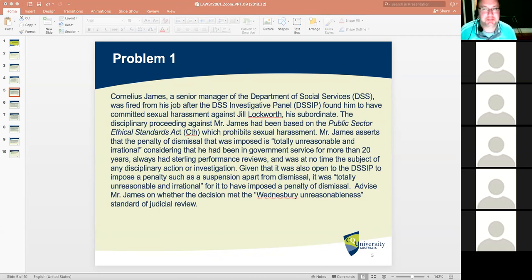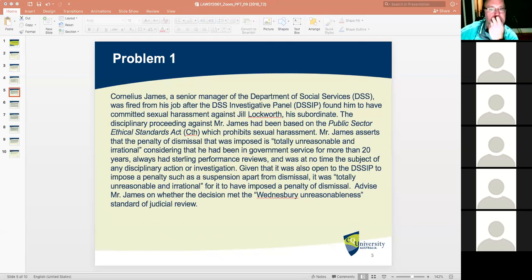Cornelius James, Senior Manager of the Department of Social Services, DSS, was fired from his job after the DSS investigative panel, DSS-IP, found him to have committed sexual harassment against Jill Lockworth, his subordinate. The disciplinary proceeding against Mr. James had been based on the Public Sector Ethical Standards Act, Commonwealth, which prohibits sexual harassment.